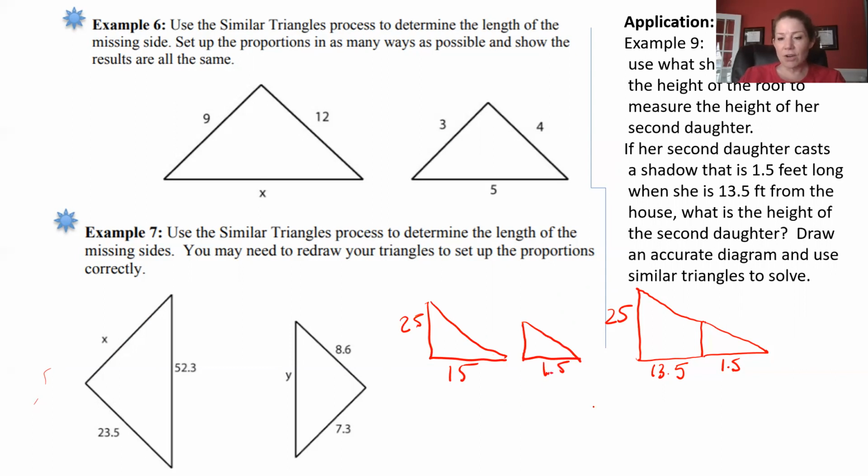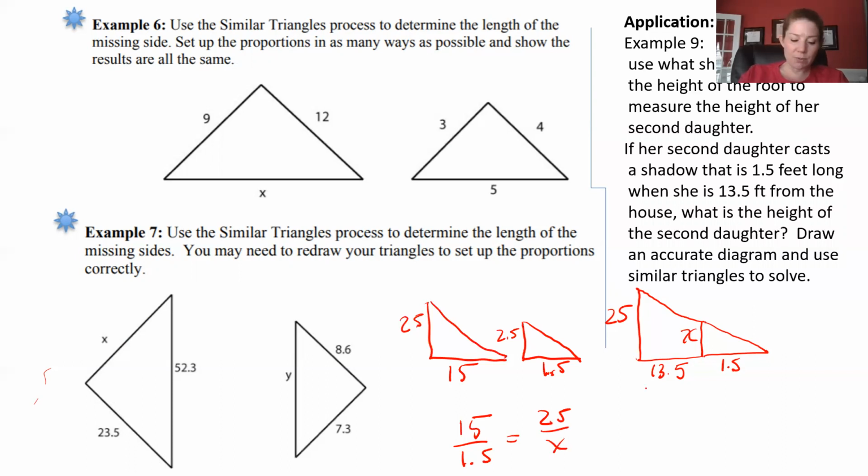This is easy because if this is 15 and this is 1.5, wouldn't this be 2.5? Of course it would be. But let's pretend we don't know. So we're going to do 15 goes with 1.5 as 25 goes with x.